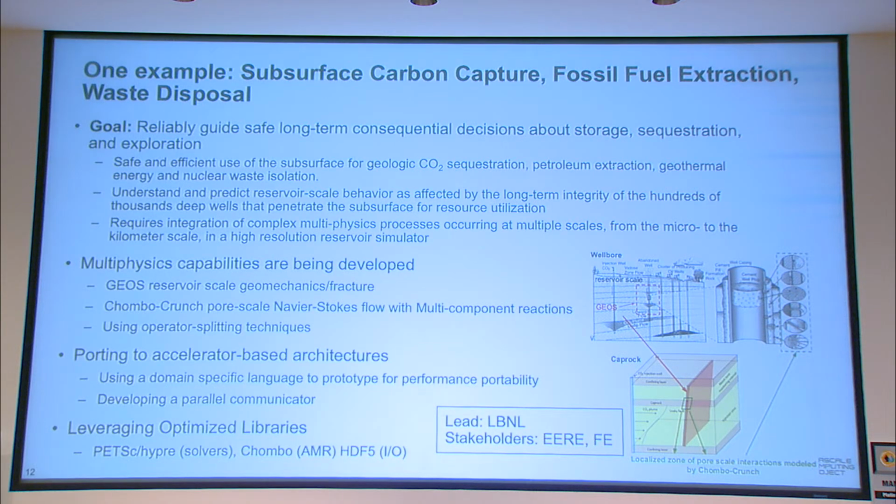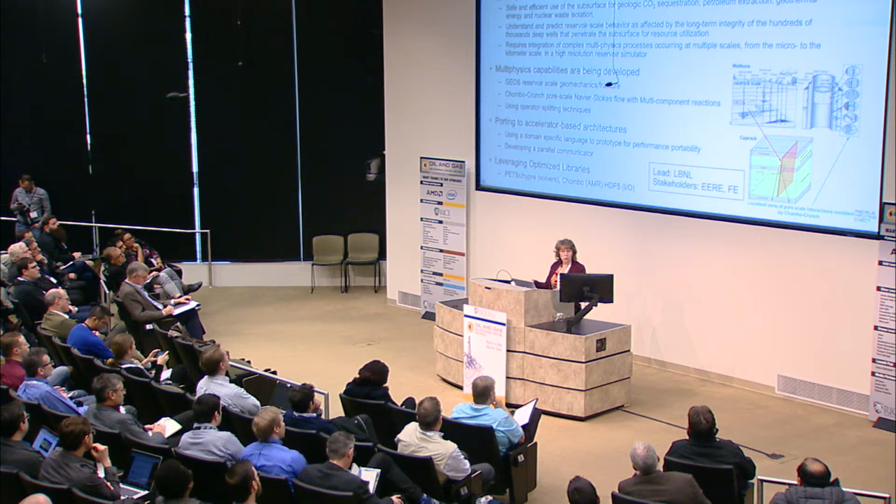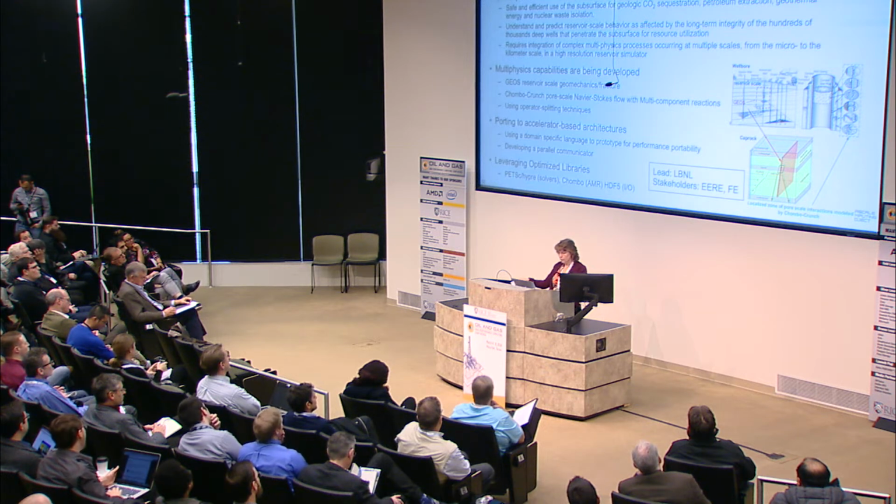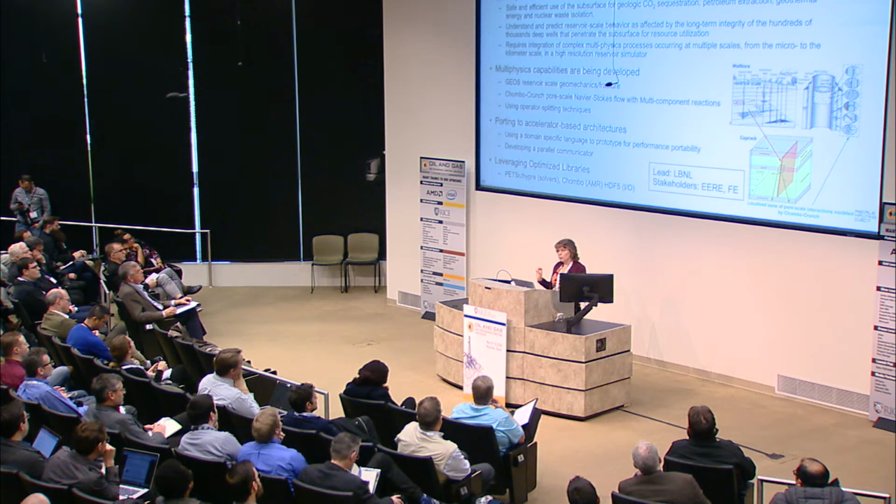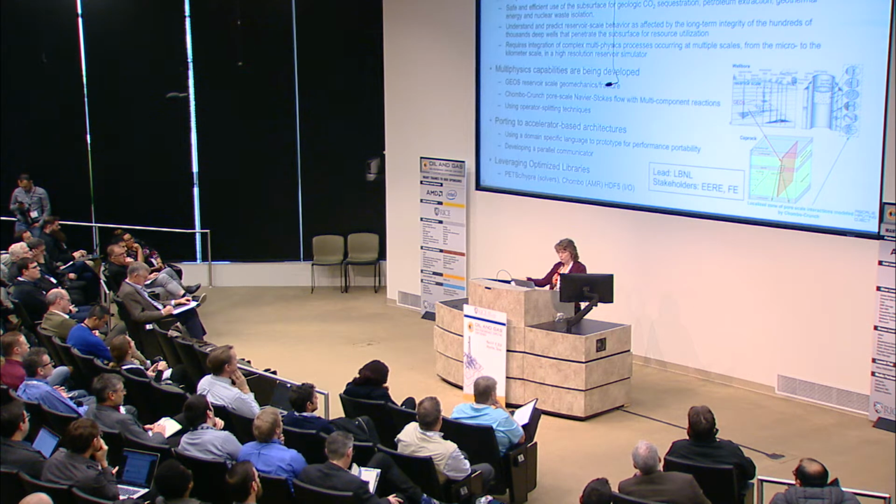And then trying to couple that with GEOS, which is a geomechanics and fracture modeling tool developed at Lawrence Livermore National Lab. And they're using operator splitting techniques to do this coupling of the two different types of applications. And so they're developing a brand new multi-physics capability. That's one of the challenges that they're striving to overcome.